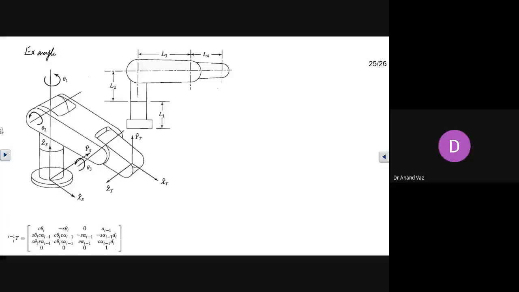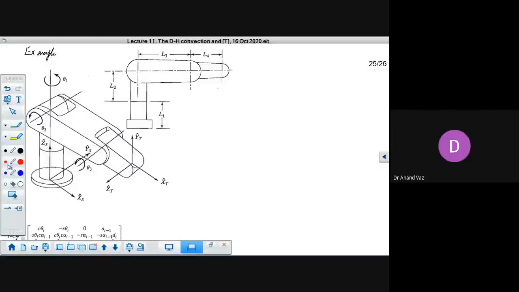Now, let us see here. This particular manipulator arm is not in its full configuration. Here we just have a fixed base, and about this fixed base we have the rotation of this part here, which is the waist.